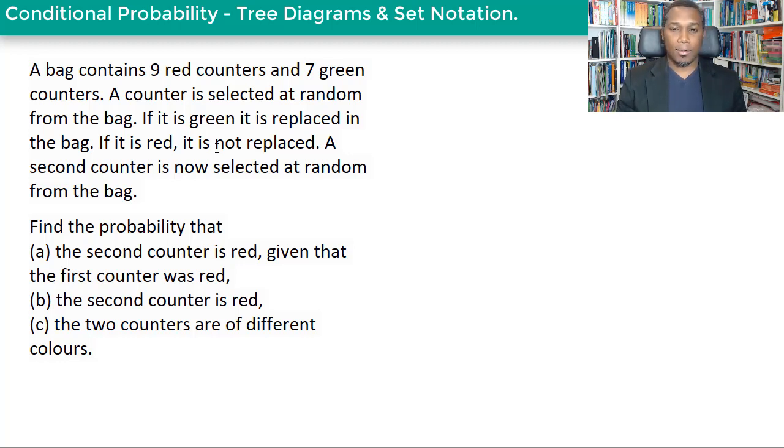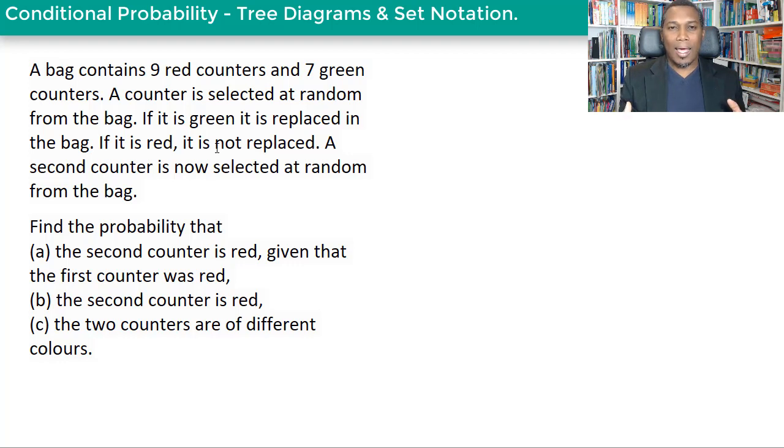When you have counters in a bag or balls in a bag, if you don't replace one, then what happens the second time is conditional on what happens the first time. There's a condition. So that's the kind of question we want to explore.